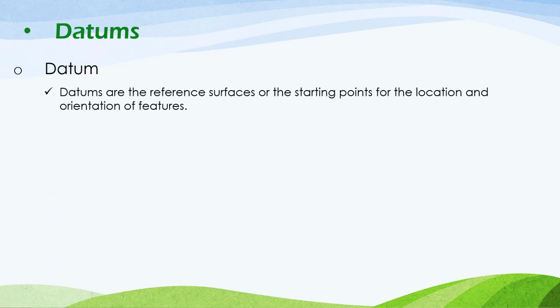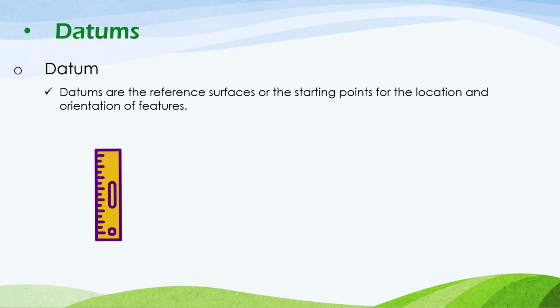So let's go ahead. First of all, if we need to understand what the datum is, we can say that it's the reference surface or the starting point or line that we take as a reference to detect the location or the orientation of any feature. So the main idea behind the datum is that we need a reference or a standard object that we can relate all of the other objects to.